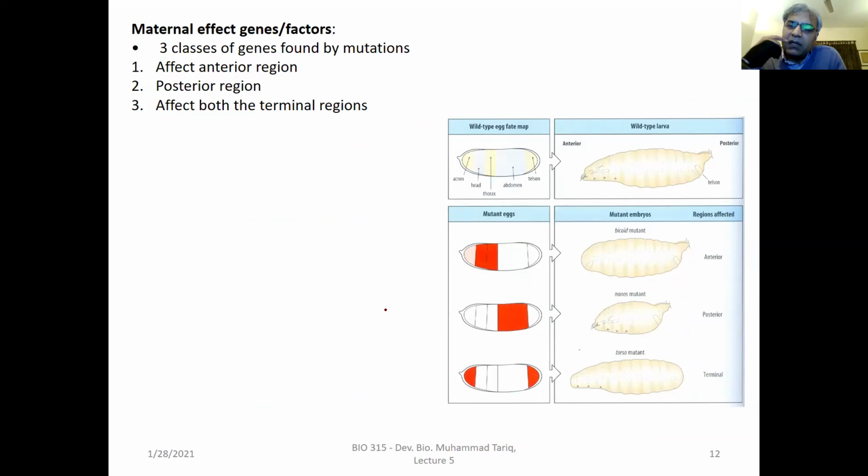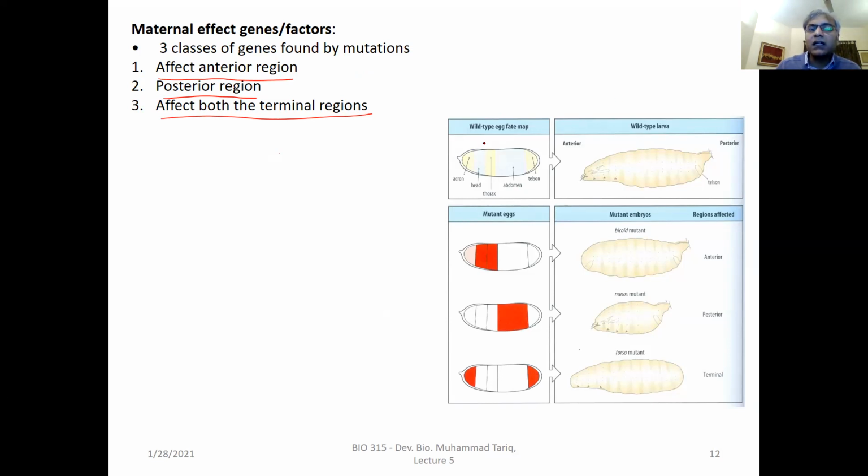However, further investigation of the maternal genes led to three different classes of genes. They found through the mutant phenotypes that there are maternal genes which only affect the anterior region, maternal genes which only affect the posterior regions, and maternal genes which affect both the terminal anterior and posterior regions.